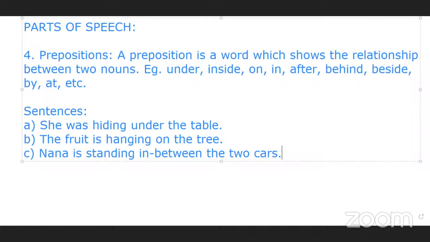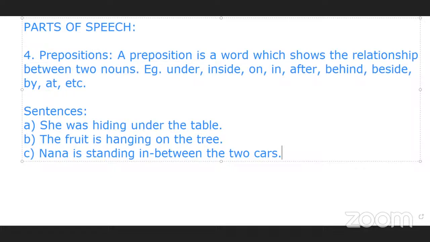And which two nouns is it showing the relationship between? No, the fruit is hanging on the tree. The fruit and then the tree. Very good. The fruit, the tree. So it's positioned on the other. Great.